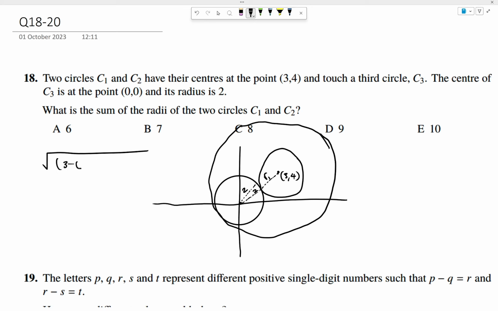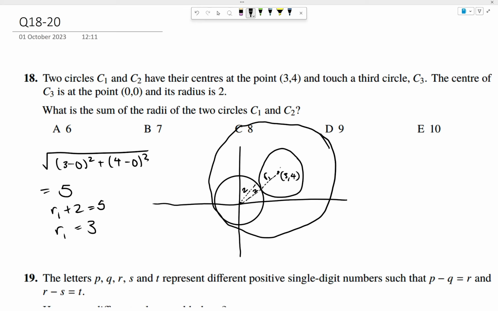So 3 minus 0 squared plus 4 minus 0 squared. And you might recognize this as a Pythagorean triple, which is just a set of 3 integers which satisfy Pythagoras' equation. And you might recognize that this is 5, or you could just calculate it. And therefore, R1 plus 2 is equal to 5, and R1 is equal to 3.